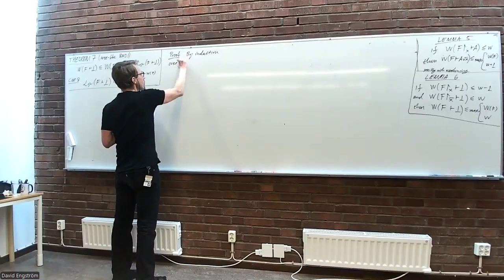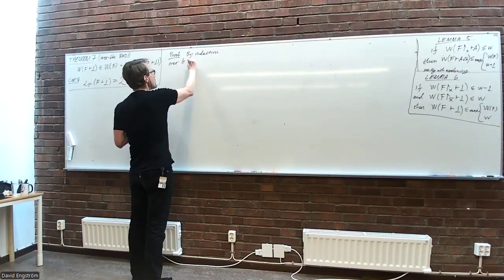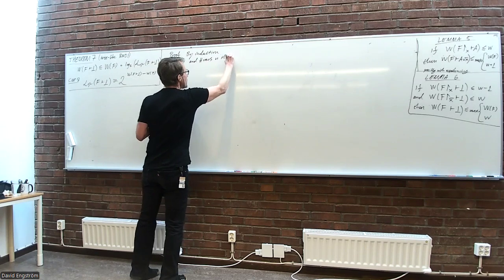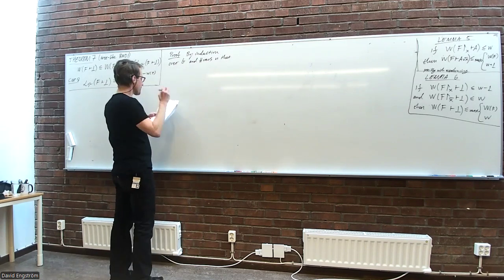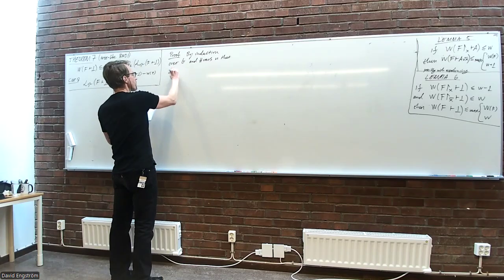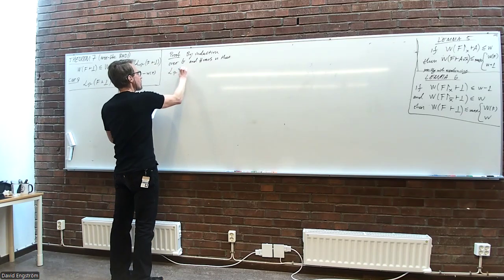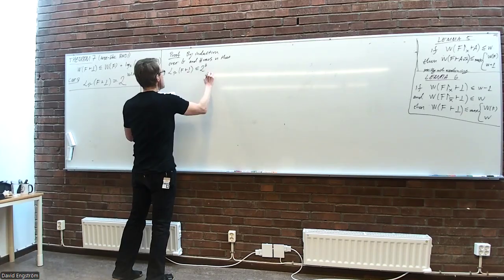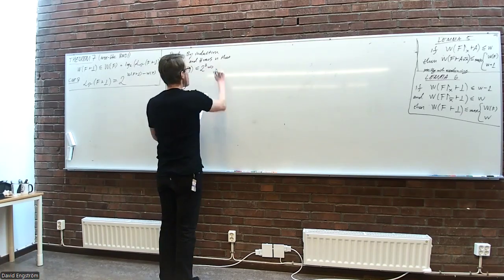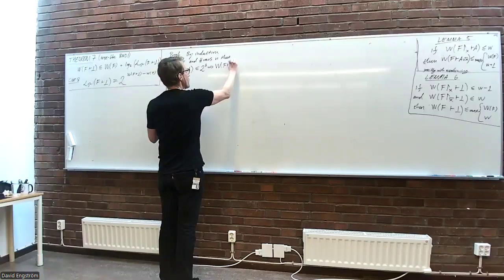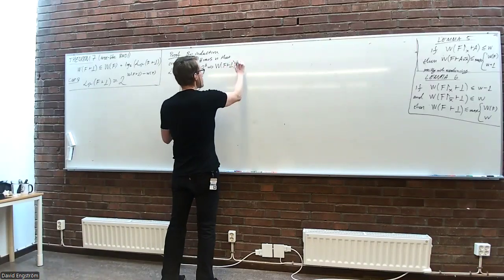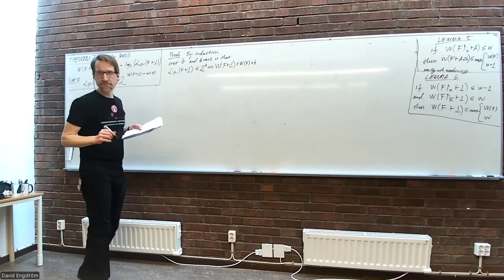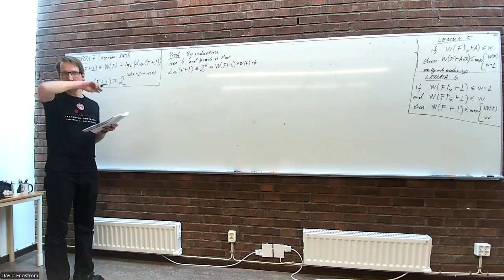I'm going to do induction over a parameter b and the number of variables, that it holds that if there's a tree-like refutation of f in length at most 2 to the b, then the width of refuting f is at most the initial width of f plus b. Okay, this is my plan.